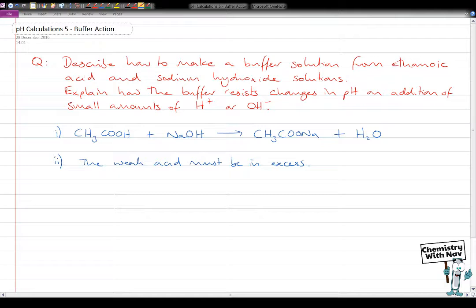All of the sodium hydroxide gets used, and all of the sodium hydroxide turns into sodium ethanoate. Therefore, we have some quantity of the salt, but we also have this leftover excess acid as well. And that's where our weak acid and its conjugate base, or its salt, come into contact with each other. So that explains the first part of the question.